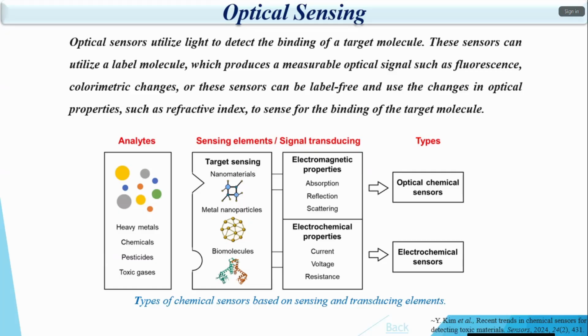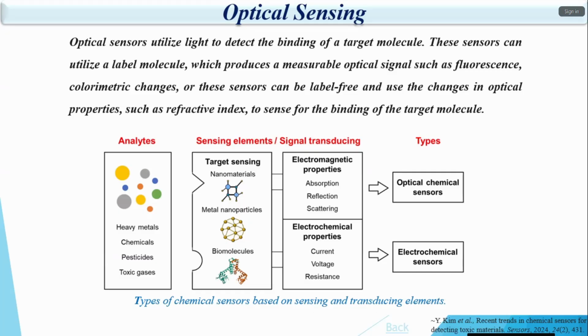Analytes can be heavy metals, chemicals, pesticides, and toxic gases, and the sensing elements can be our as-synthesized materials, nanomaterials, metal nanoparticles, biomolecules, or metallogels, which show changes in their absorption, reflection, and extraction properties.